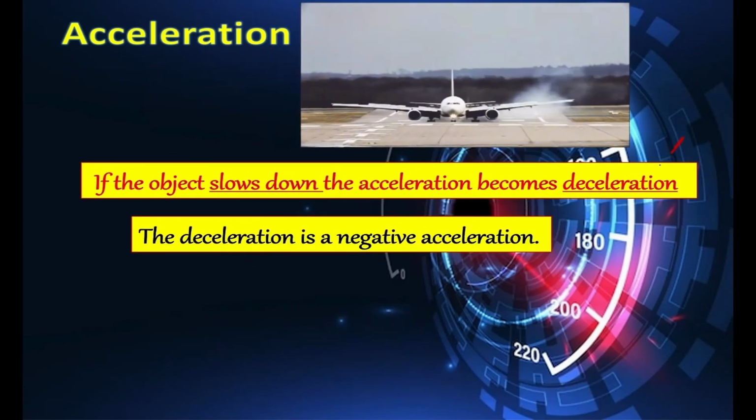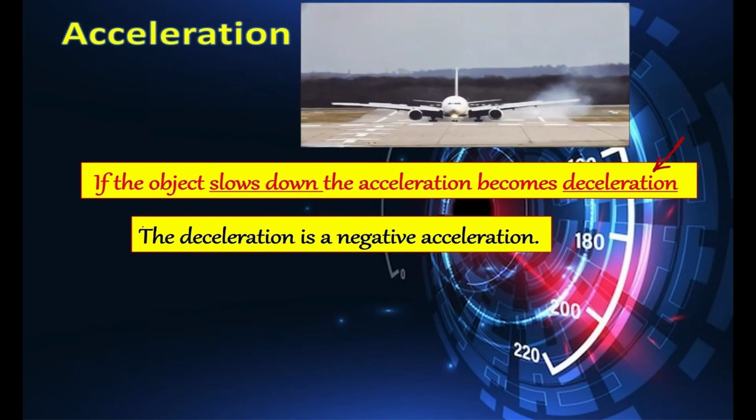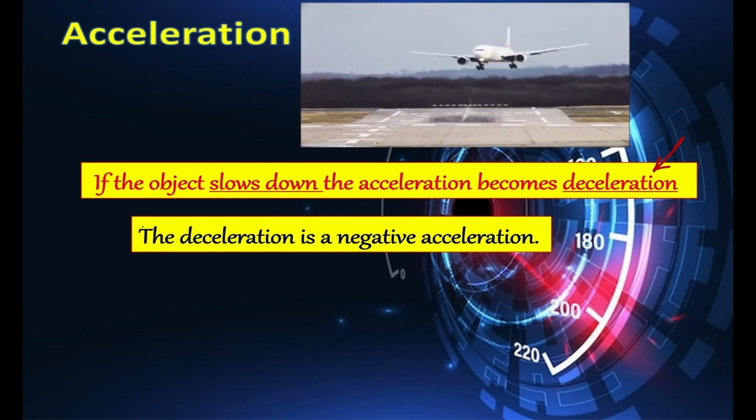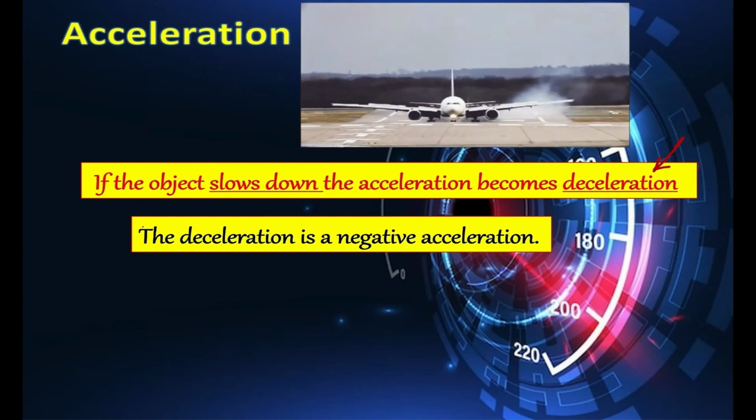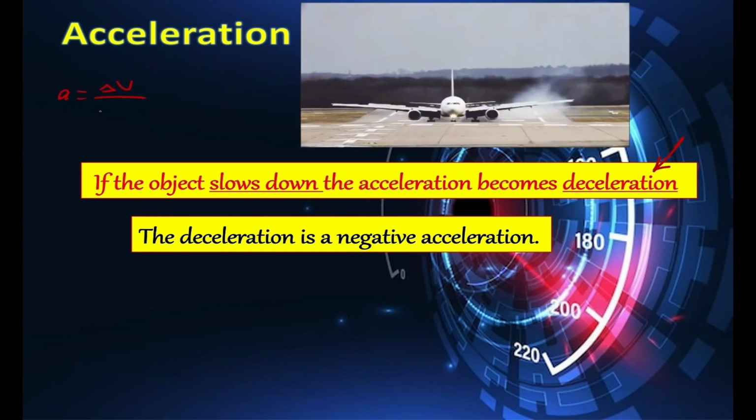So if the object slows down, the acceleration will be called deceleration. So what is the difference between acceleration and deceleration? Acceleration is general, but if we want to talk about the deceleration, it means the acceleration with a negative sign. If we are calculating the acceleration, we calculate the deceleration using this. Don't forget this: a equals delta v, change in velocity over time.